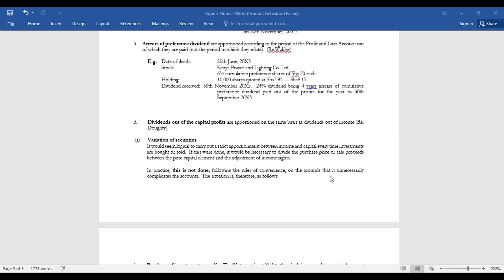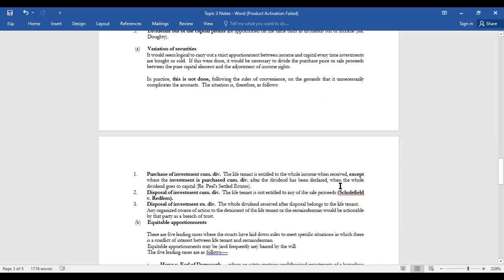Now in practice, this is not possible, because we normally do the accounting at the end of the period for convenience. If we apportioned after every stock is bought and paid for, it would be so complicated. We may never get the right figure. We are winding up.